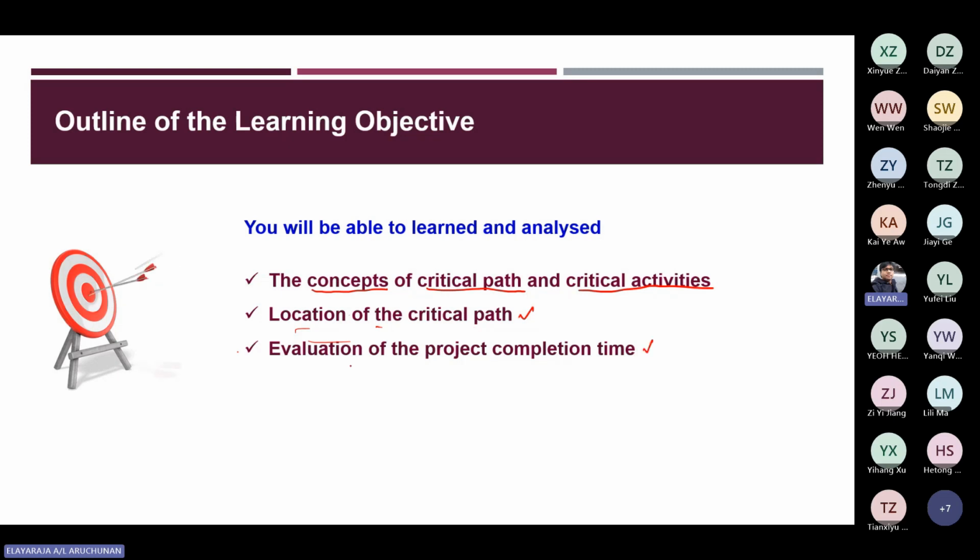Besides that, we're going to look into what float and slack mean, and the criteria that must be fulfilled in order to make a successful project completion. So this is what we're going to discuss today.